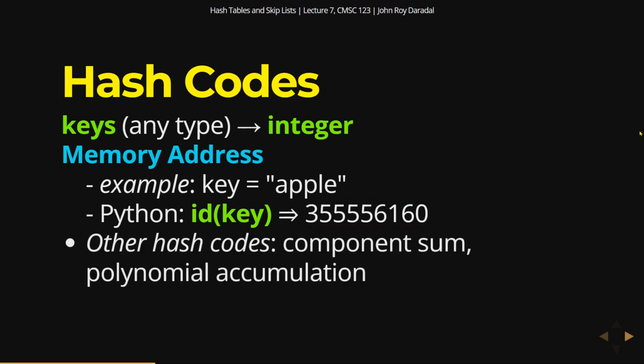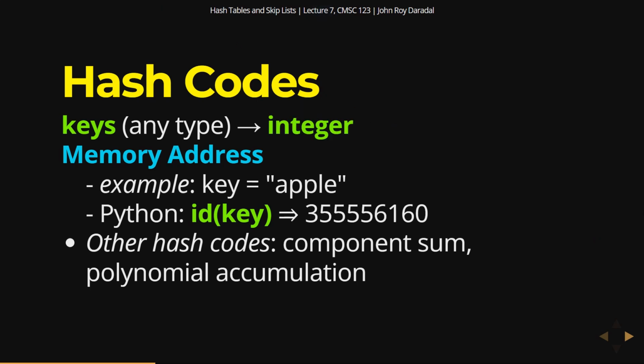There are other hash codes like component sum and polynomial accumulation that involve more complex computation that transforms your key, usually a string with a variable length, number of characters, and then you try to do some computation to come up with a final integer.